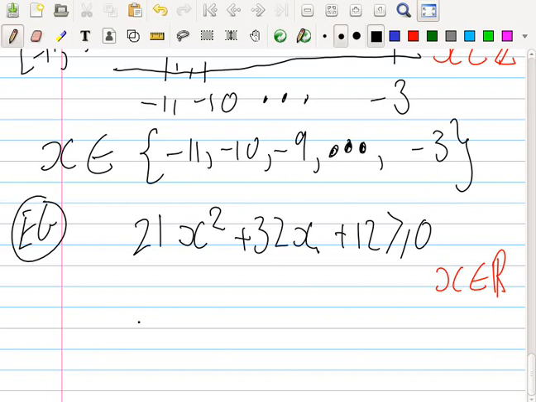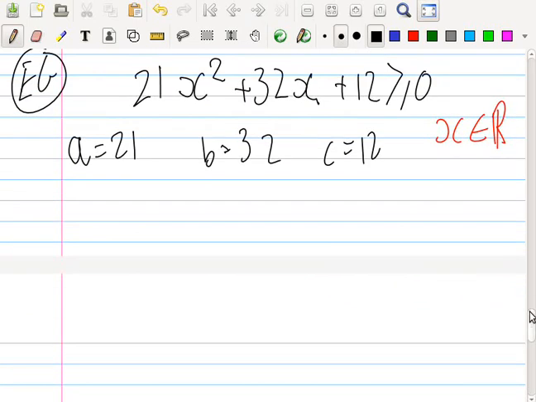Now, there's many ways to solve this quadratic, but the easiest way is first, I'll just write down my A, B, C, so A equals 21, B equals 32, C equals 12. And then I'll use my quadratic formula.